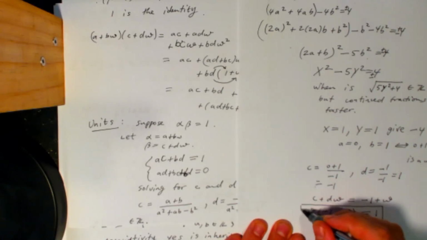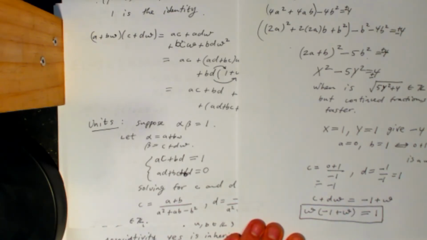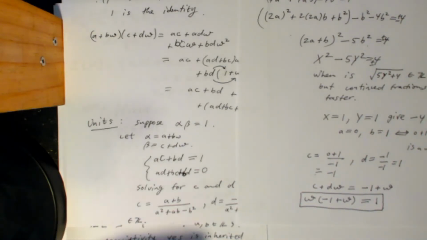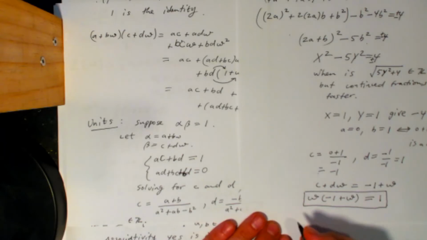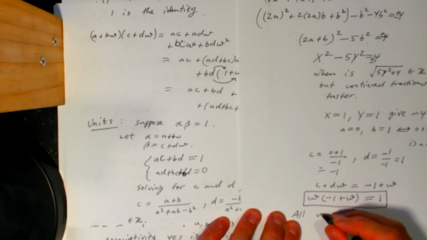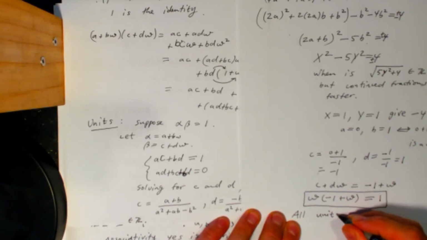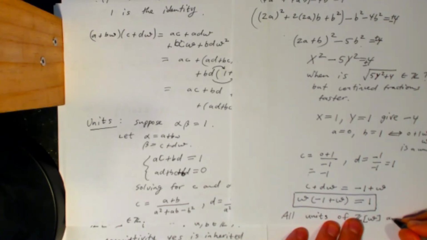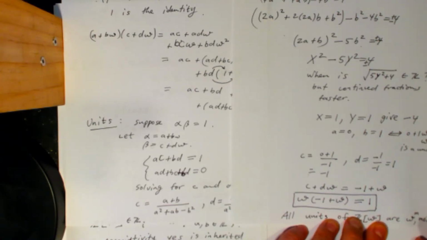Okay, I'll put a little box around this. And in particular, this omega is our generator, because from this omega we can get all units. So all units, all invertible elements of the integers adjoin omega, are of the form omega to the power of m, where m is an integer.